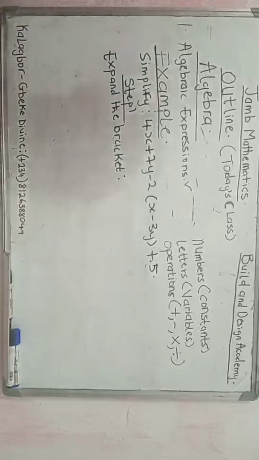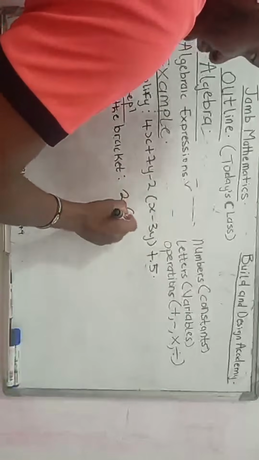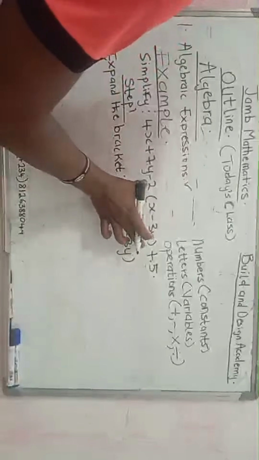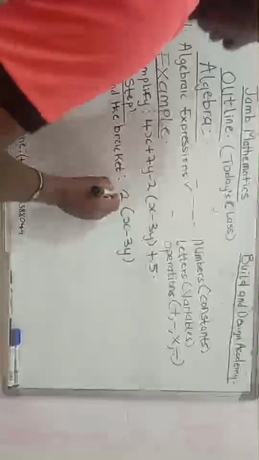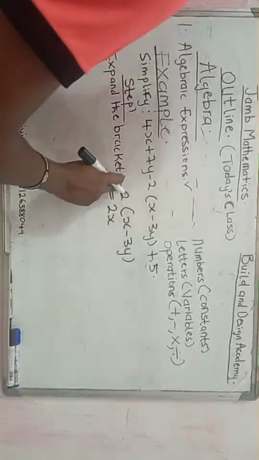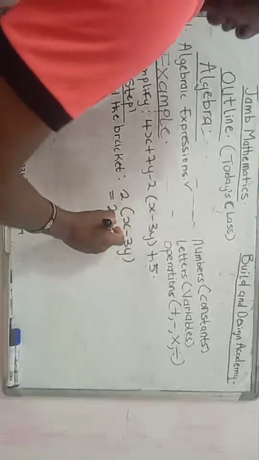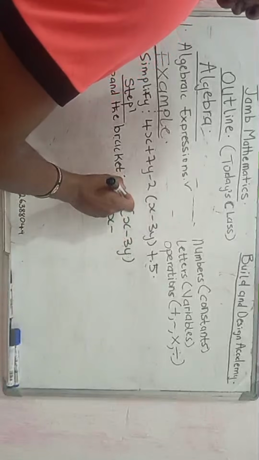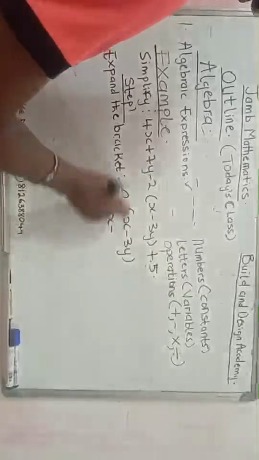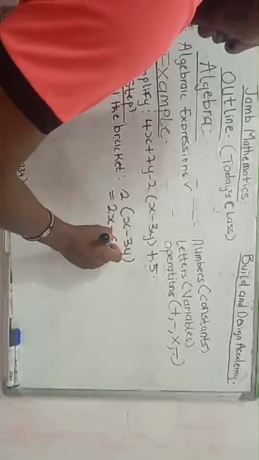To do that, you use 2 to multiply x minus 3y. We're expanding this bracket now. If we do that, we'll have 2 times x, 2x, 2 times minus 3y, it will be minus, because there's a plus before the 2, right? So the plus times the minus will give you minus, then 2 times 3 will give you 6y.